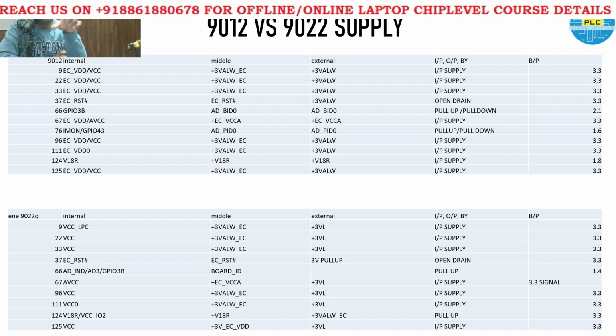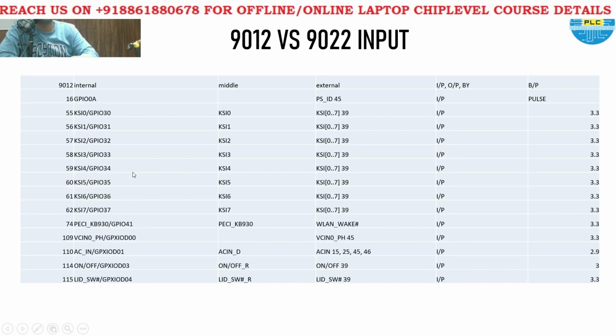How you put the R1 and R2 resistors determines the voltage you get. Here it's 2.1 and here it's a 1.4 board ID. V18 is there too, but here it's 3.3 and here it's 1.8. ECRST is there, and board ID is 1.4. As I told you, it depends on R1 and R2 in the voltage divider. So these two are the supply pins.